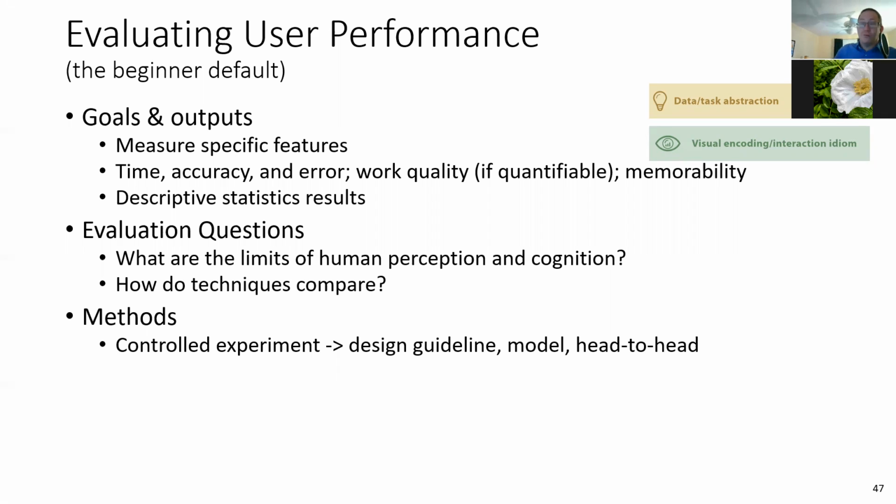That works really well for evaluating user performance. That's what you want. How fast can you get the insight about a traffic jam? So you set up a traffic jam on the map. You say, what's the fastest path from here to here? You measure it with a conventional system or just with some numbers.